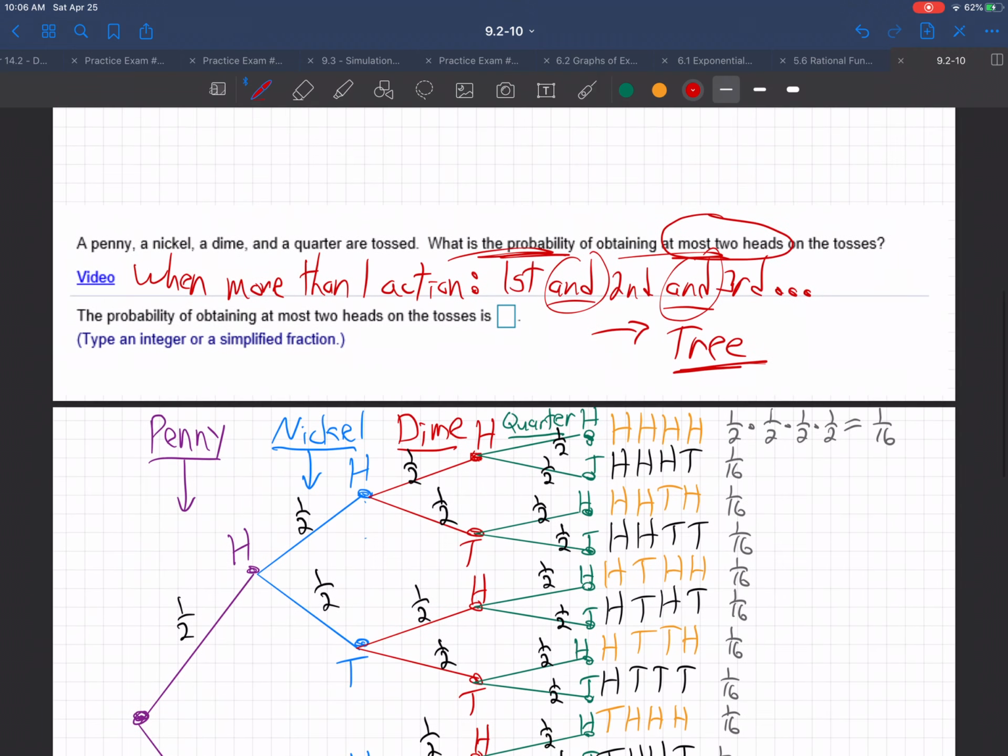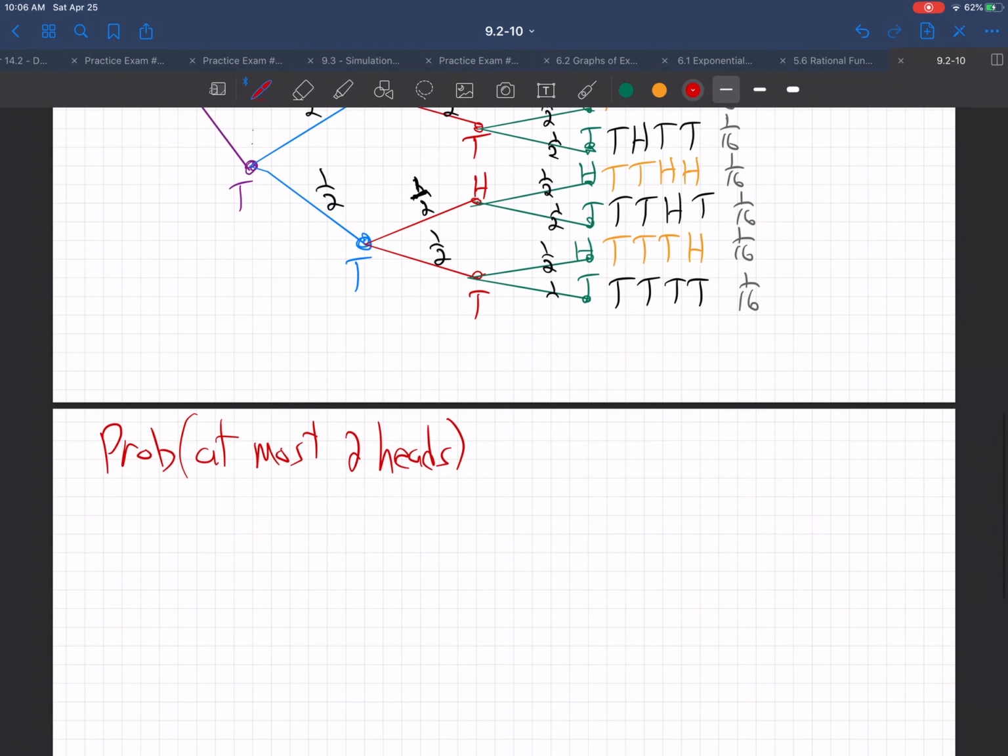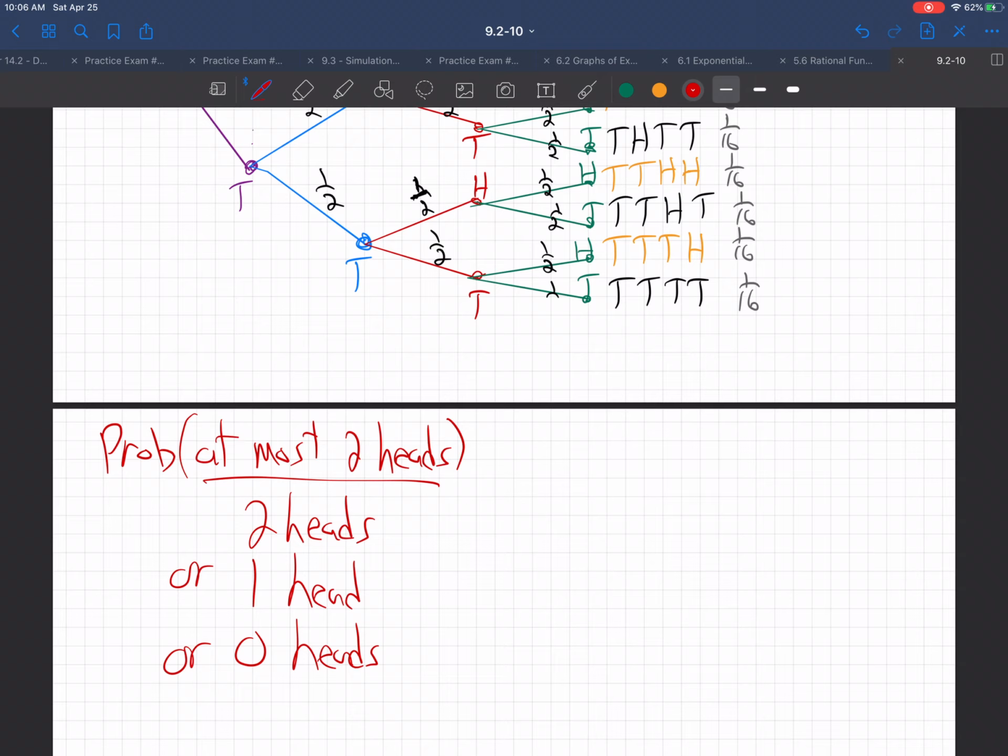At most 2 heads. First off, you've got to be clear, what does at most 2 heads mean? It means 2 heads, or 1 head, or 0 heads. At most means the most is 2. It could be 2, 1, or 0.